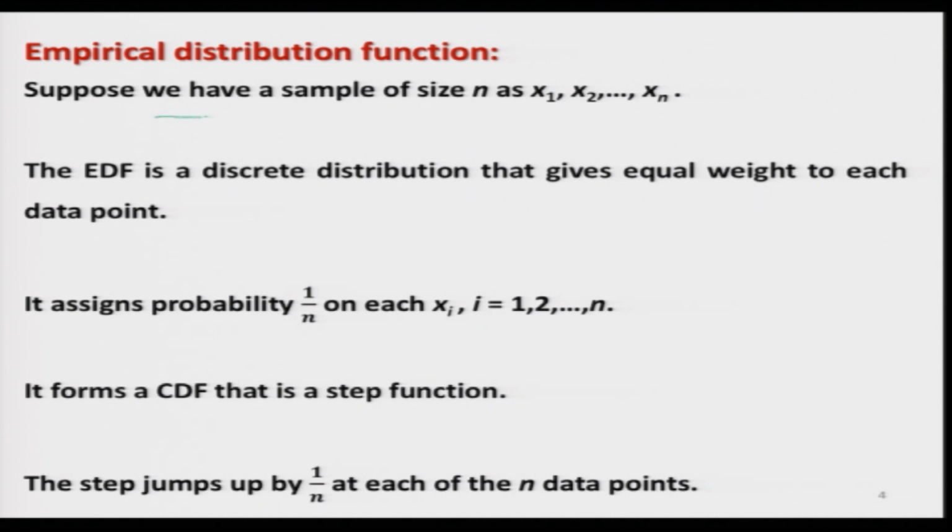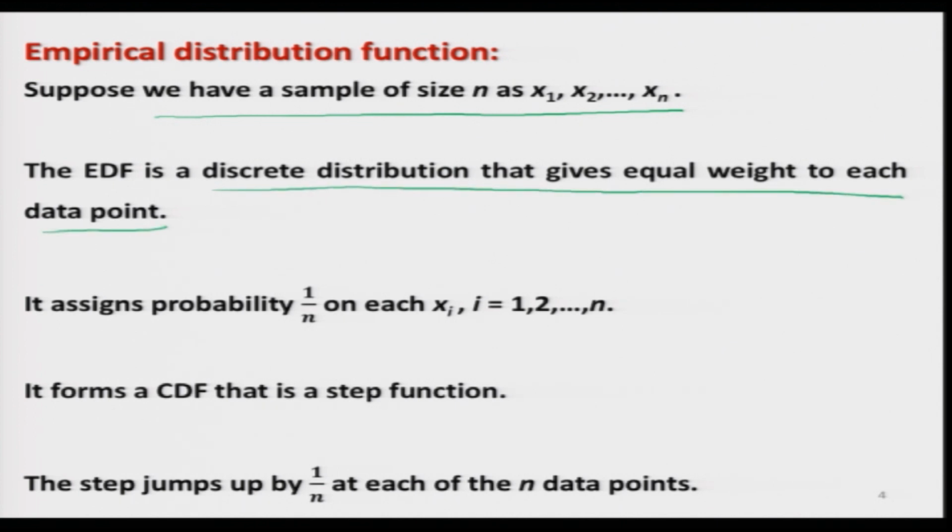Suppose we have a sample of size n denoted as x1, x2, ..., xn. This EDF is a discrete distribution that gives equal weight to each data point. Weight, or equivalently I can say probability. So, I have got here n points.